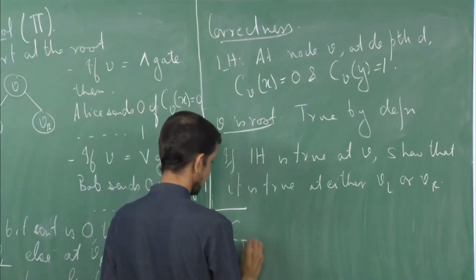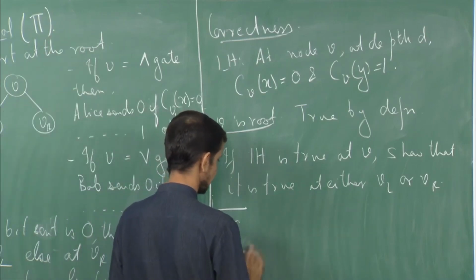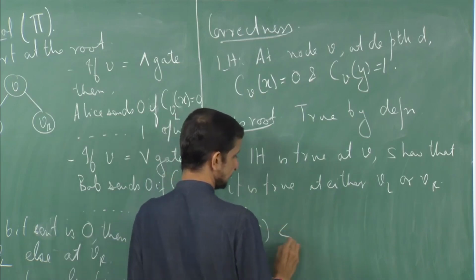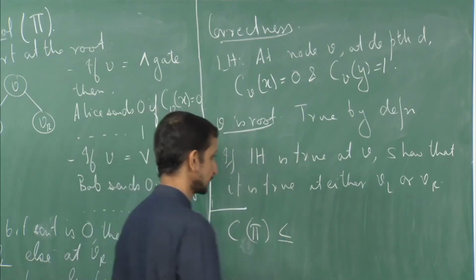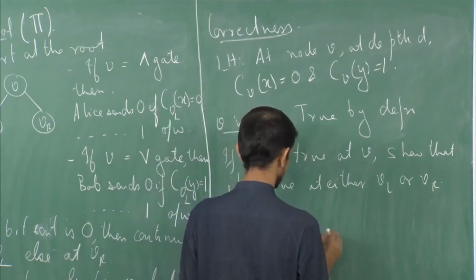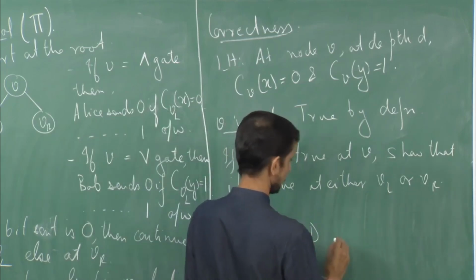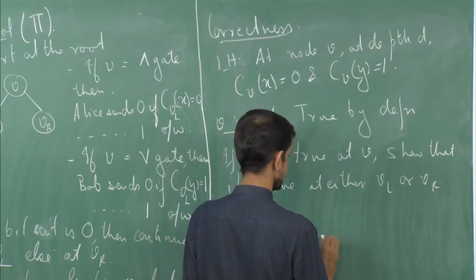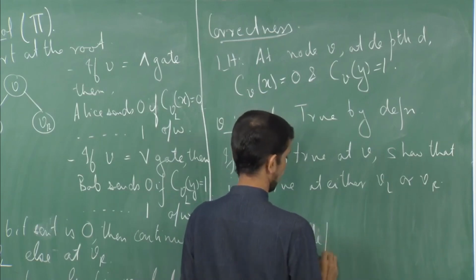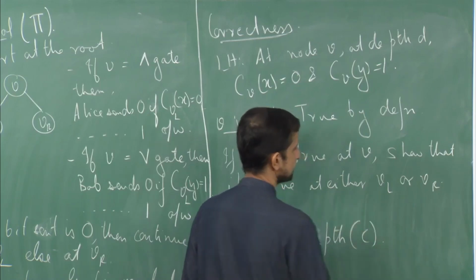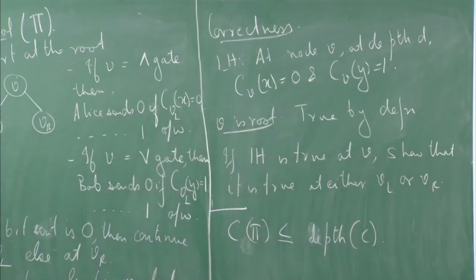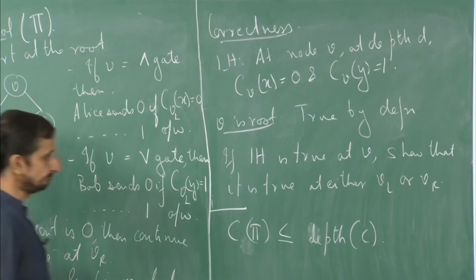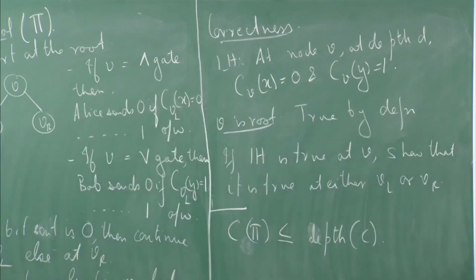So we have that the number of bits communicated in this protocol is at most the depth. Okay, whatever is the depth. Any questions?